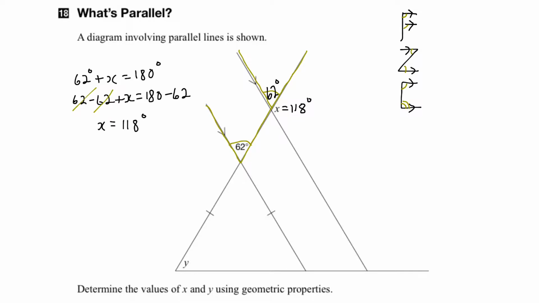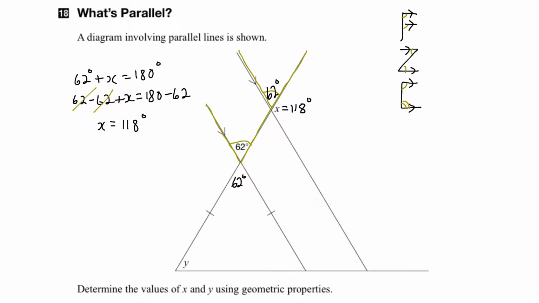Okay, so what else can we get from the diagram? Well, we might notice that this line and this line form opposite angles here and here. Opposite angles are the same, so this angle right at the top here would be 62 degrees as well.